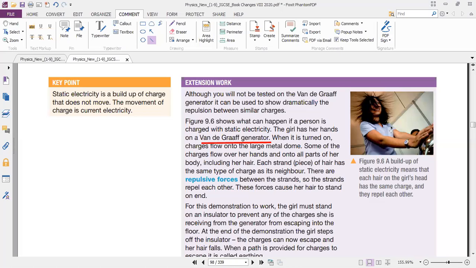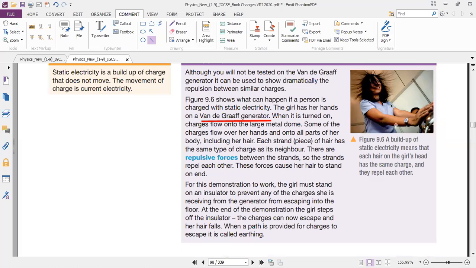Each strand of hair has the same type of charge as its neighbor. There are repulsive forces between the strands. So the strands of hair repel each other. These forces cause her hair to stand on end. So this demonstration has been done using the Van de Graaff generator, the name of the machine. And there is a dome which is charged.